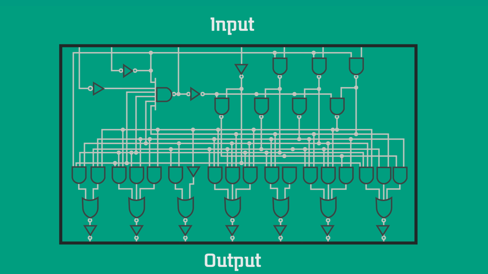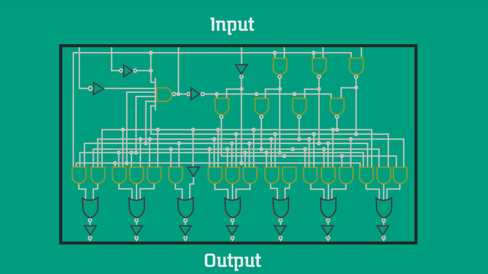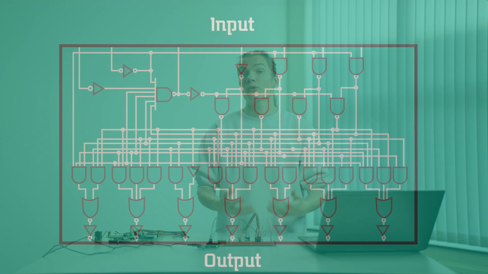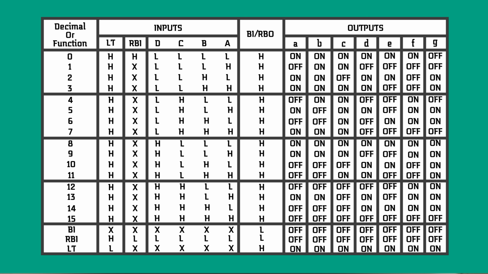The logic diagram of the datasheet shows that the inputs are related to the outputs according to a combination of logic gates. For instance, you can see the AND gates, the NOT gates, and the NOR gates. To help you understand how the different input combinations relate to the output combinations, the datasheet also contains a function table.